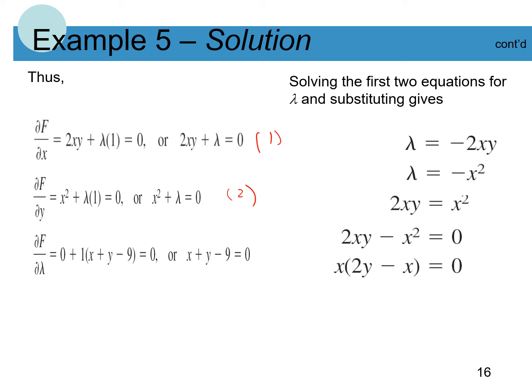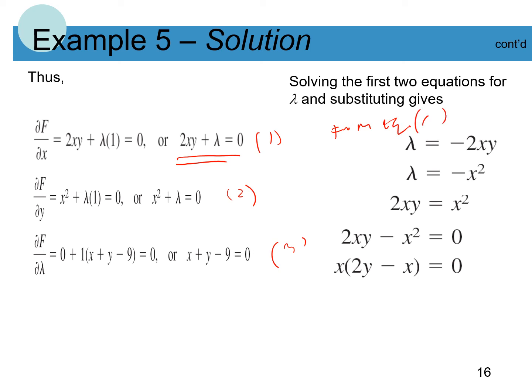Then we have df with respect to d lambda equal to 0 plus 1 times x plus y minus 9 equal to 0. Therefore we have the third equation that is given by x plus y minus 9 equal to 0. Then, solving the first two equations for lambda: lambda is equal to negative 2xy, from equation 1.